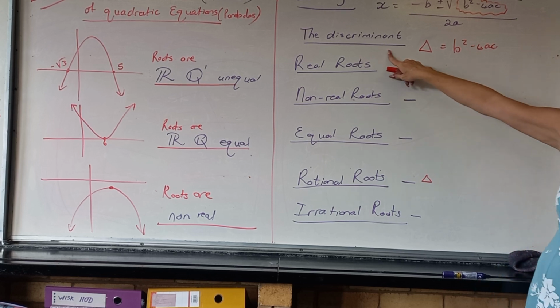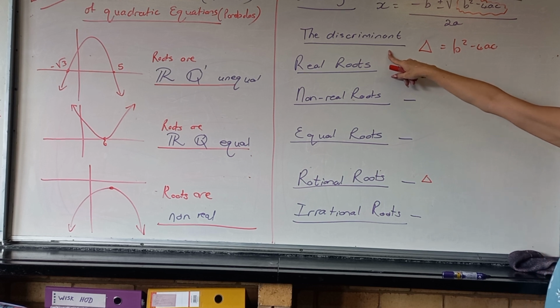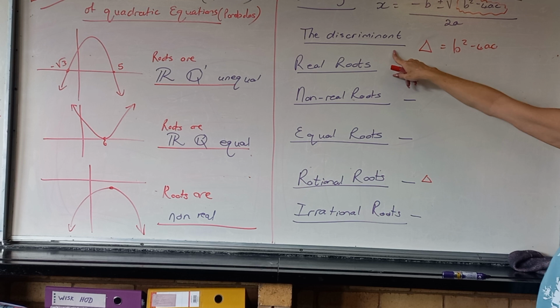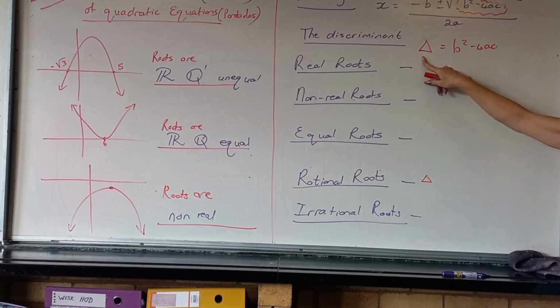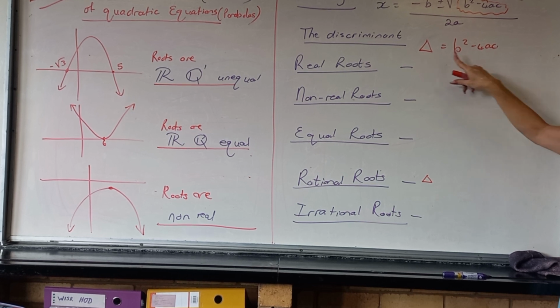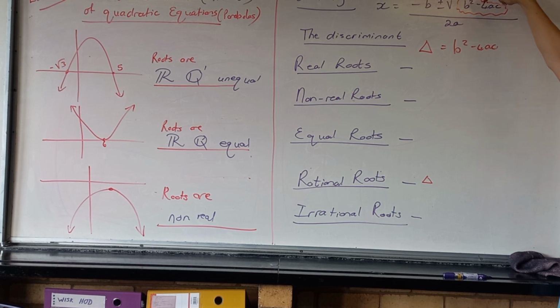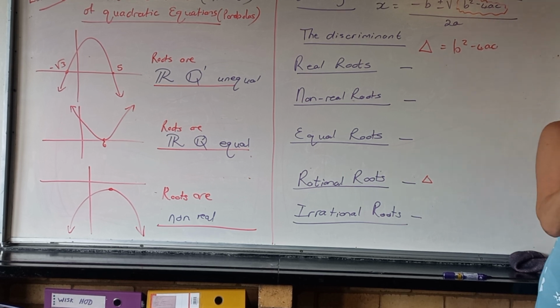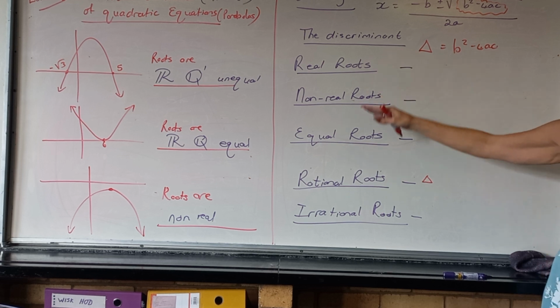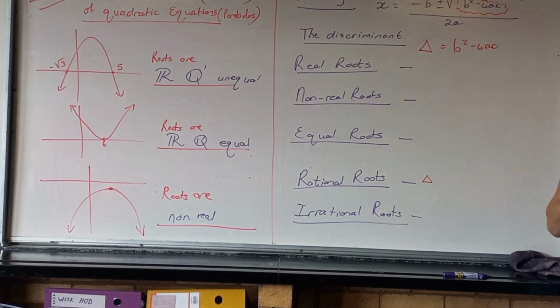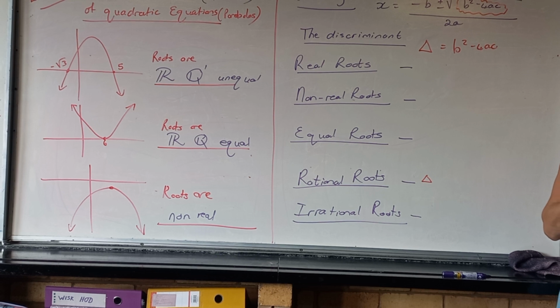So the discriminant, which nobody's going to ask you about, but they might talk about it, and you've got to know, is called delta. Maybe you've heard about it in physics. But delta now is called the discriminant, and that's only the little piece inside of the root. That discriminates whether you're going to have real, non-real, equal, unequal, rational, or irrational. It must make sense to you once you've got it.